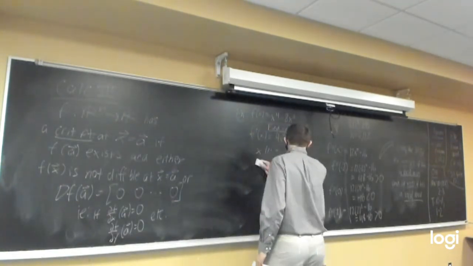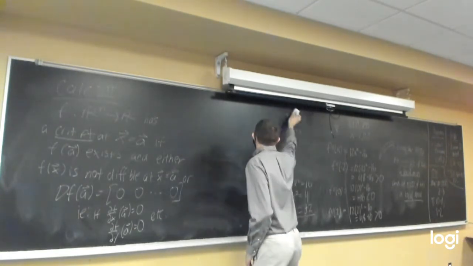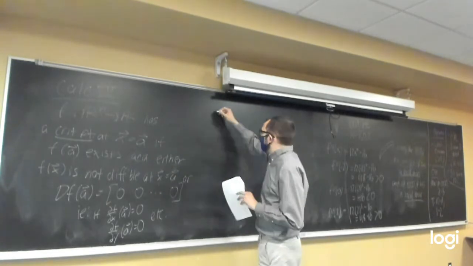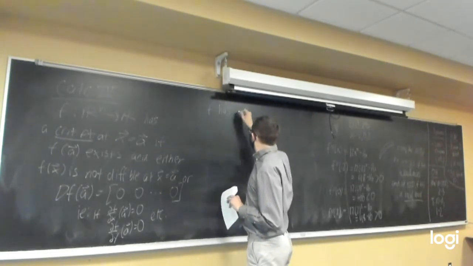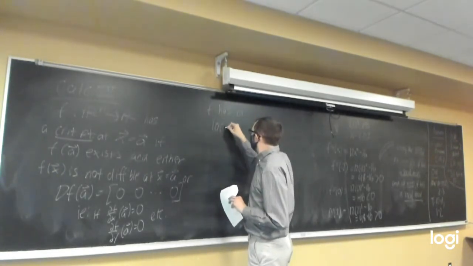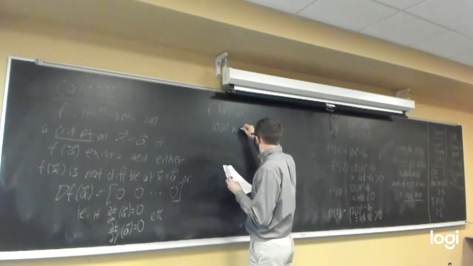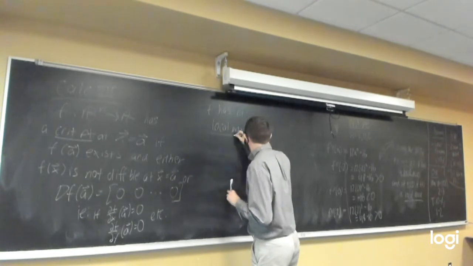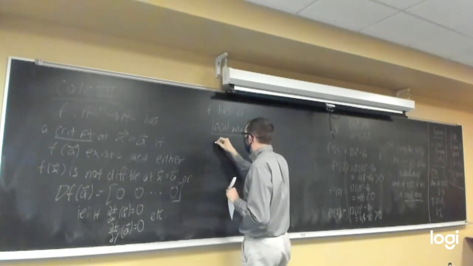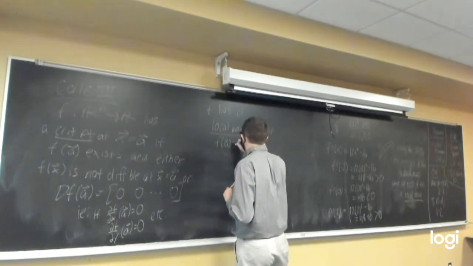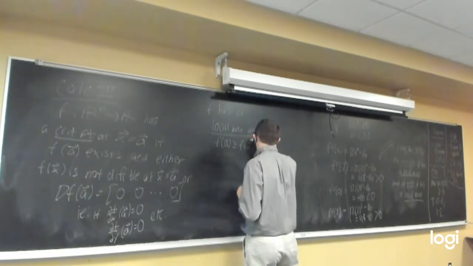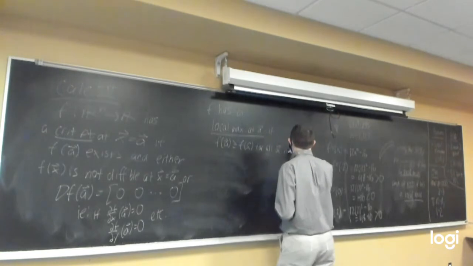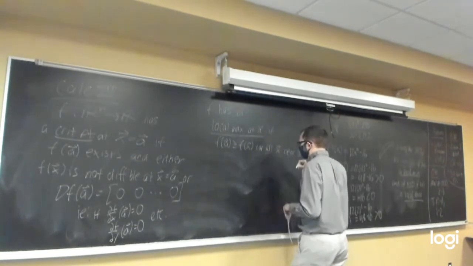Local max and local min are going to be basically the same definition as well. We can say that f has a local maximum at a if f of a is greater than or equal to f of x for all values of x that are near a.